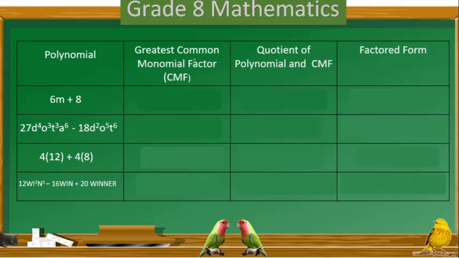To get the greatest common factor from the given polynomial, you simply find the factors of 6 and 8. So 2 times 3 for 6, then 2 times 2 for 8. The greatest common monomial factor is 2.